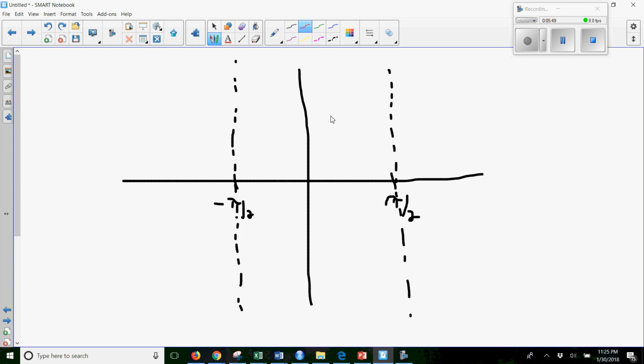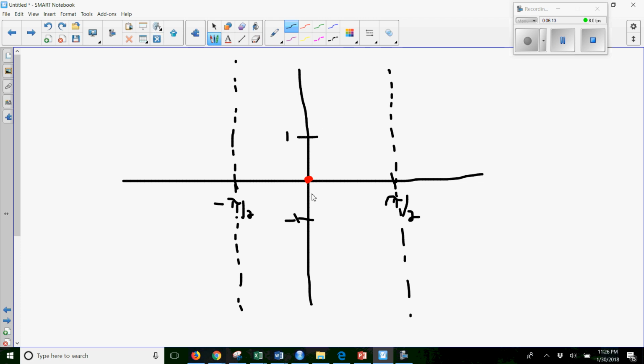All right. So we know that tangent 0 is 0. And at pi over 4, or 45 degree angle, it's 1. So let me go ahead and put these in. 1 and negative 1. Okay.